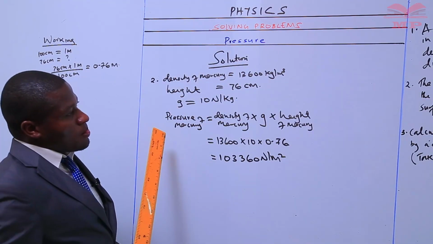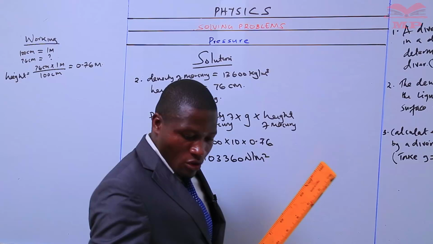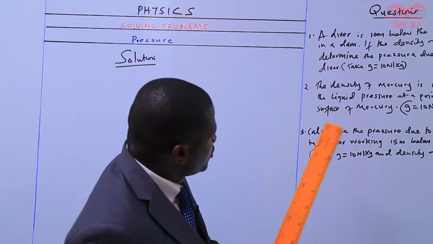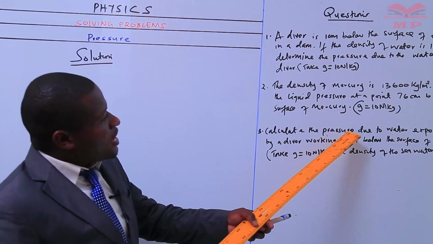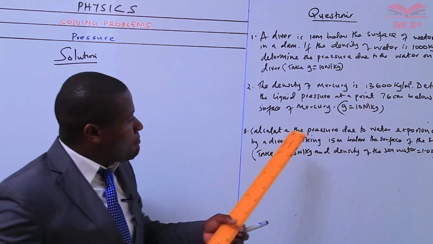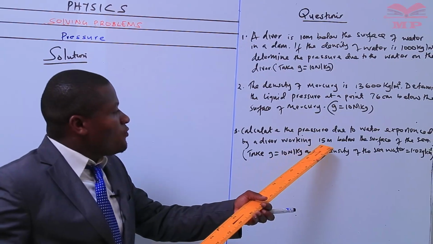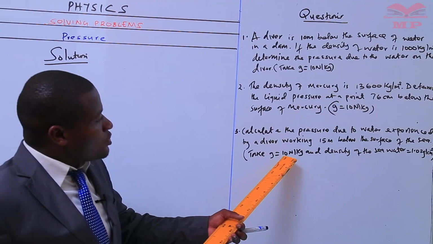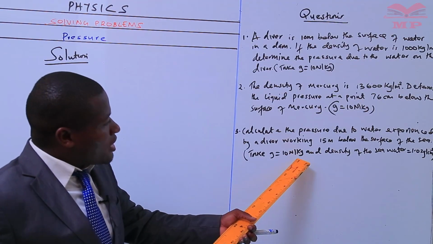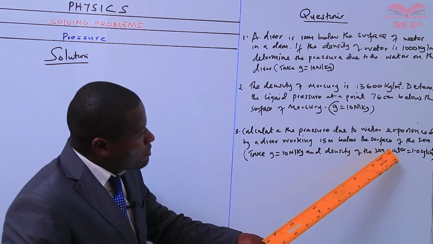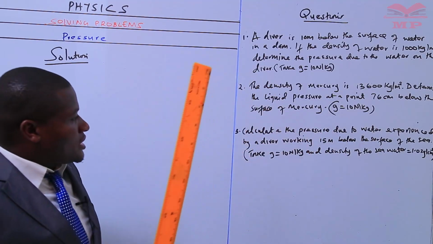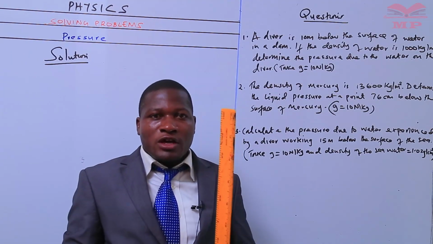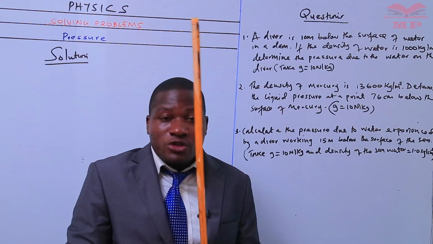This is question 2. Then for question 3, calculate the pressure due to water experienced by a diver working 15 meters below the surface of the sea. Take G equal to 10 Newton per kilogram and density of the seawater equal to 1.03 grams per cubic centimeter. As I've said, before you solve that problem, you must state what you have been given.